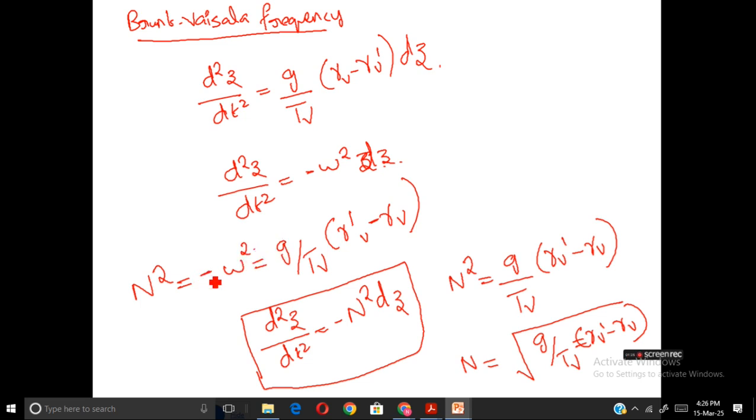So this value n is known as the Brunt-Väisälä frequency.